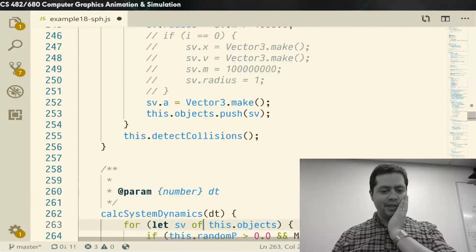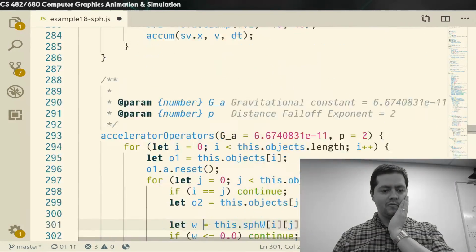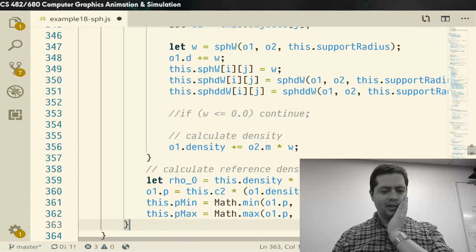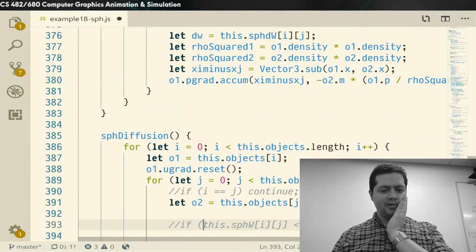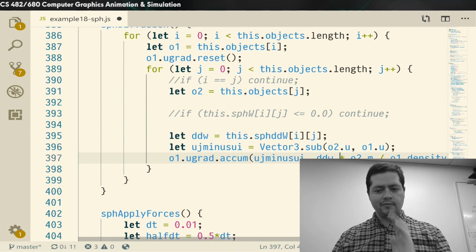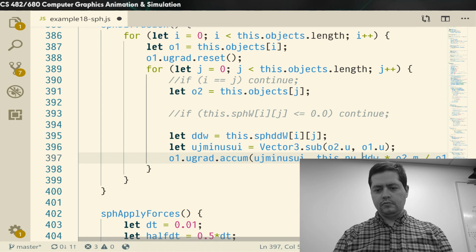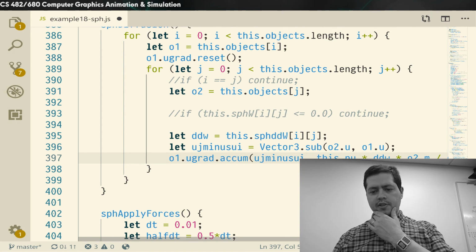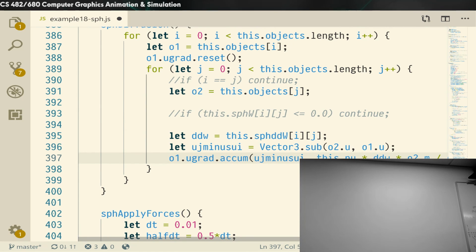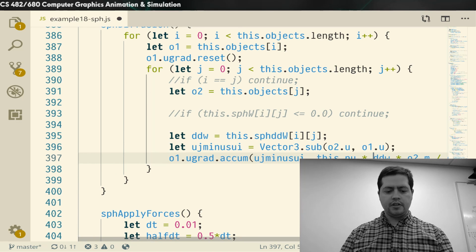Okay, so now if we're calculating U gradient, then we need to multiply the kinematic viscosity times... yeah, we can just do that right over here.